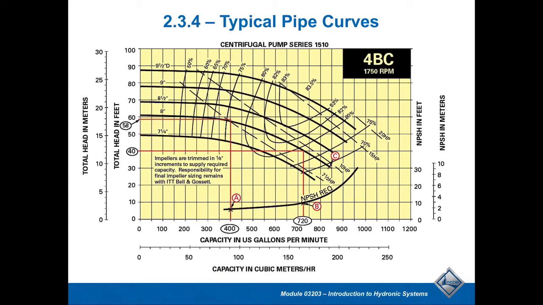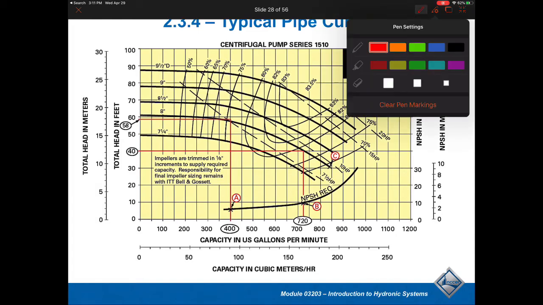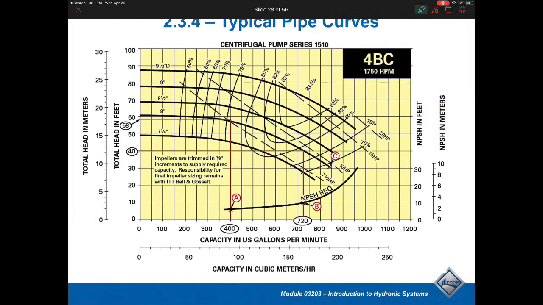Where that would become an issue is if your inlet pressure going into the inlet of the pump falls below a certain point. Now, there is a minimum pressure that you have to stay above. I'm going to get my highlighter out here.